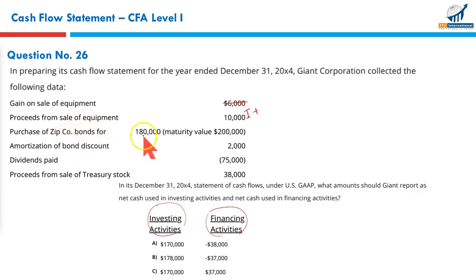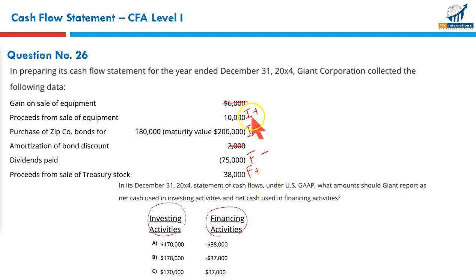Purchase of Zip company bonds, you have purchased bonds of another company, again it's an investing outflow. Amortization of bond discount, it's an adjustment in net income. Ignore this. Dividends paid, it's a financing outflow. Proceeds from sale of treasury stock, you held some stock of your own company which you previously purchased from the open market. Now you have sold them. So this is a financing inflow.